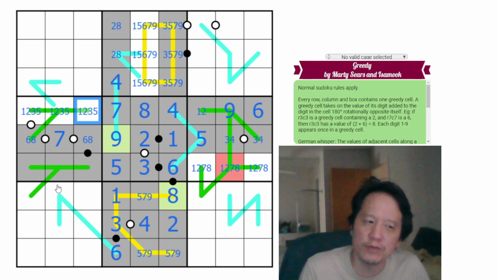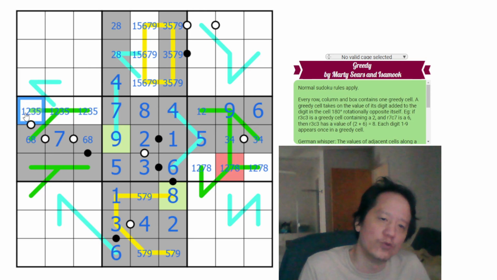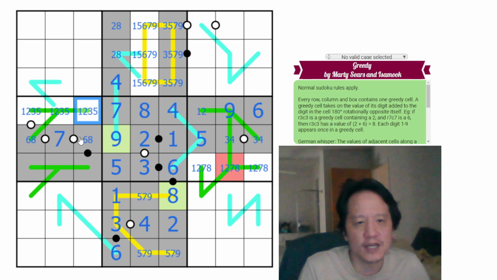Then it would have to be... I don't think this can be the greedy digit. If this is the greedy digit, this would have to be 1 through 5, and these two do not work then. I guess that could be 1. But then this wouldn't work, right? It'd be 1 with a non-greedy digit. So this cannot be the greedy digit.